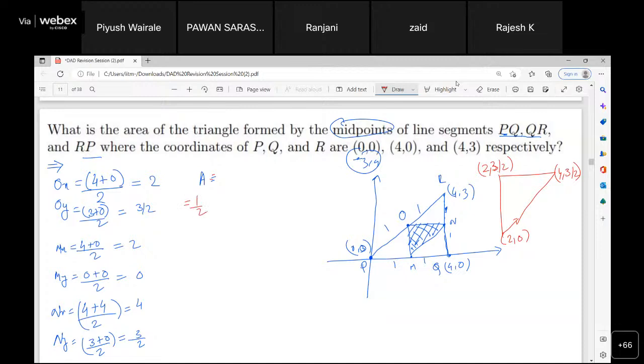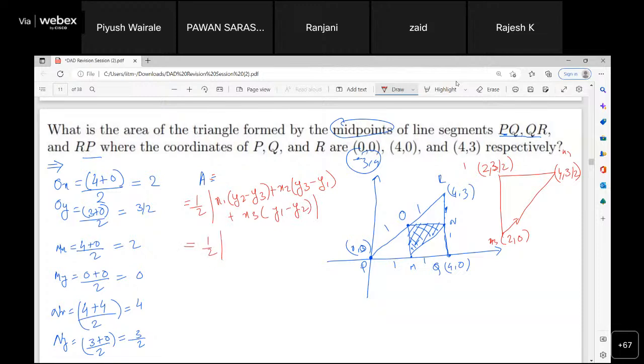So it will be 1 by 2. Let us take this as x1, this one as x2 and this one as x3, right? So x1 into y2 minus y3 plus x2 into y3 minus y1 plus x3 into y1 minus y2, right?